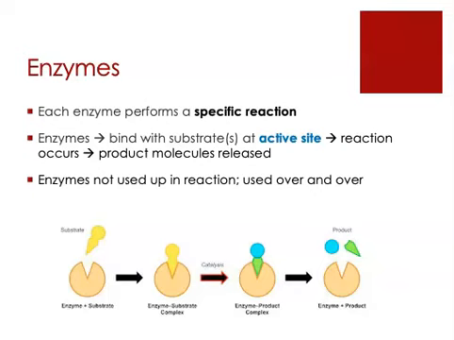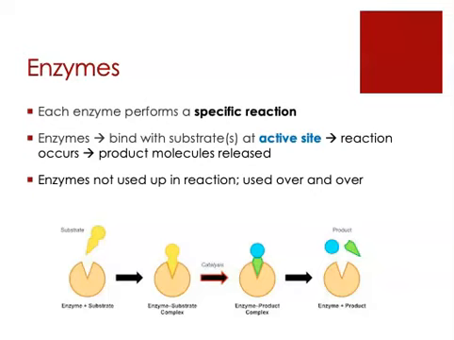Now that reaction is going to occur the way all chemical reactions occur, whether they're metabolic reactions or not. If you remember from chemistry, the molecules that go into a reaction are often referred to as substrate molecules, or you may have heard the word reactant molecules. Those two words mean the same thing.